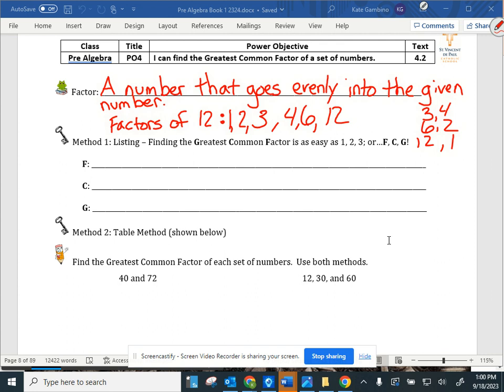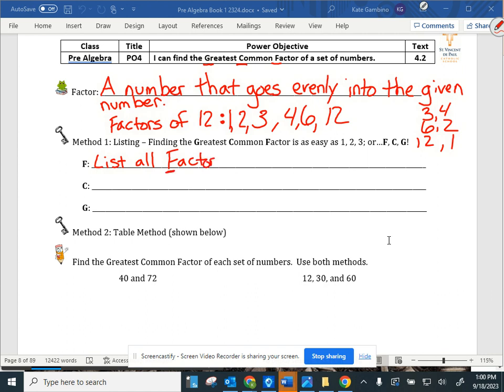So there are different ways to find the greatest common factor, the GCF. So finding the greatest common factor is as easy as 1, 2, 3, or FCG. So let's see what FCG means. The F would be list all factor pairs.